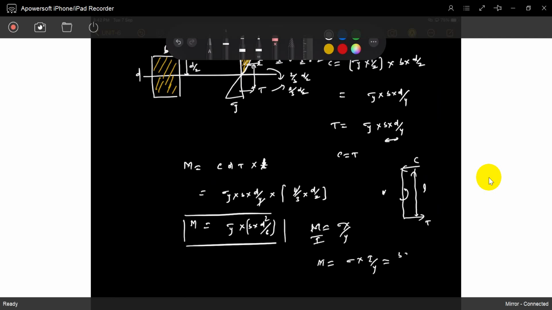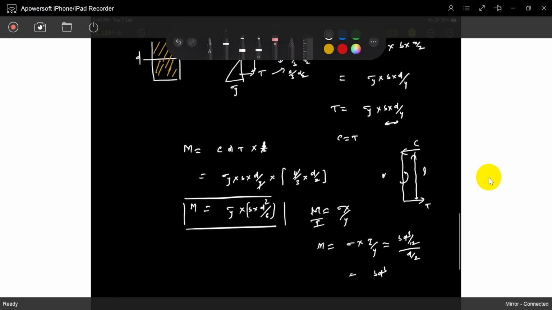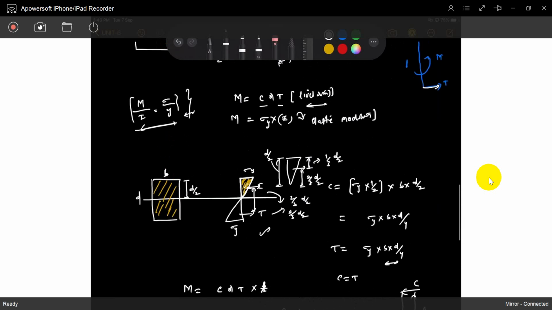I is b d cube by 12, and y is d by 2. So that's why you get b d square by 6 into sigma. You feel that this is the right formula, but exactly this is the inner meaning: how it balances the moment, and how the carrying capacity of the section is like this. This is the idea.